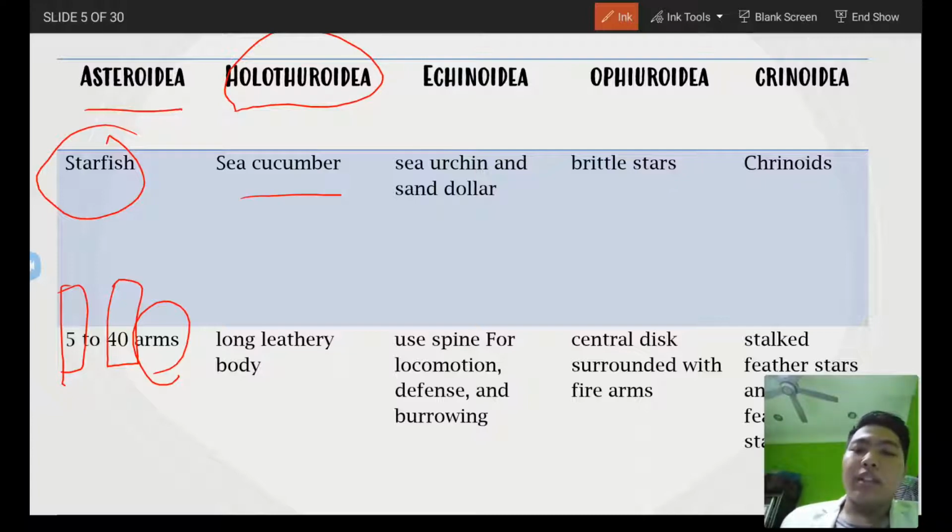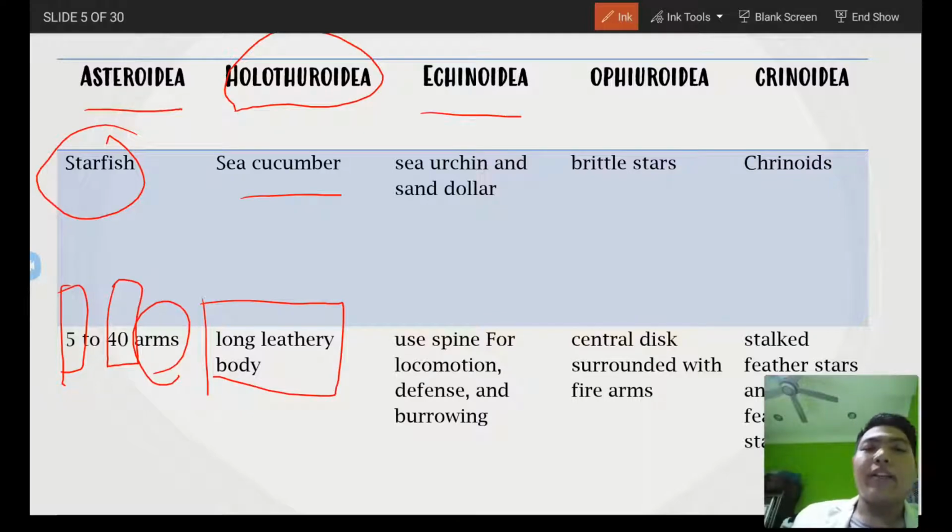Holothuroidea have a long leathery skin, a long leathery body. Next is Echinoidea. The common examples of Echinoidea are the sea urchin and the sand dollar. Echinoidea use their spines for locomotion, defense, and burrowing. So Echinoidea use their spikes for moving, for defense, and for burrowing.